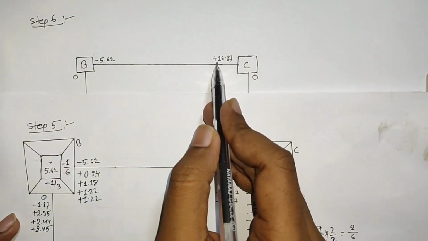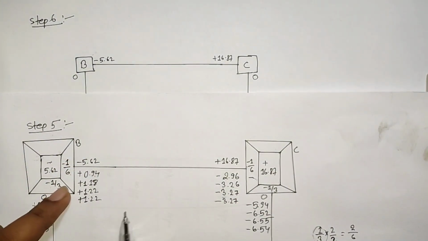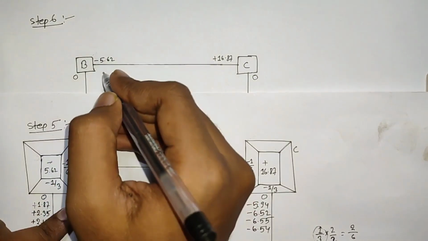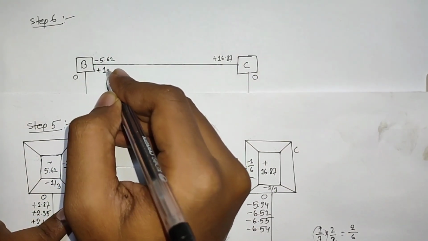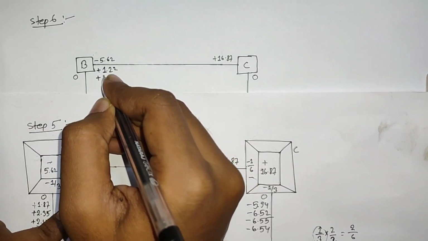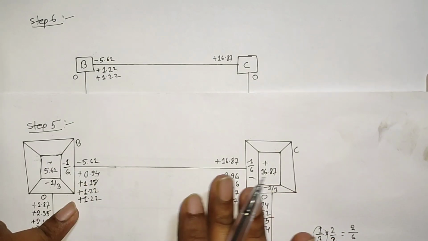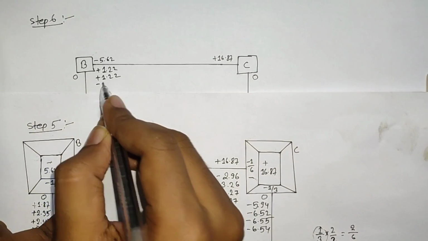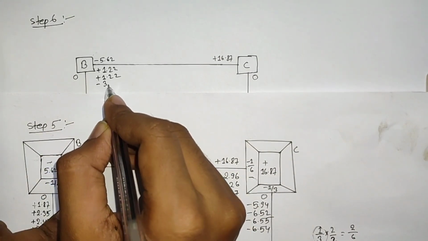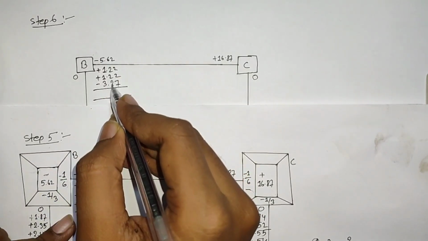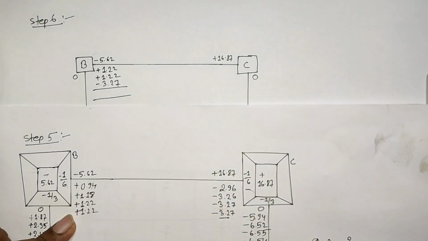Here we have the fixed end moment, so we have to add the near end moment twice, so positive 1.22 positive 1.22, and the moment of the farther end once, so minus 3.27. By solving and adding these four items, we will get the final moment of span BC at point B.